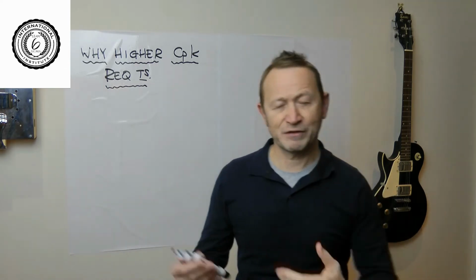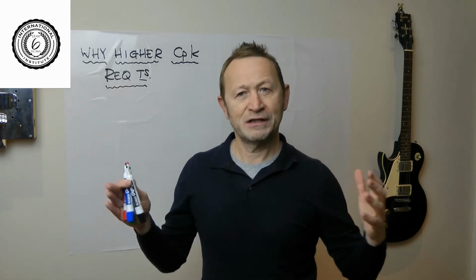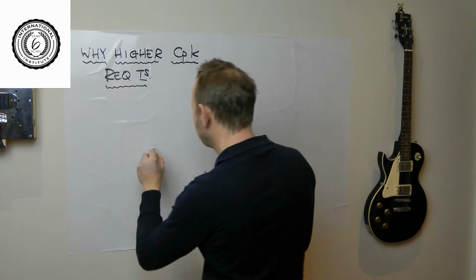Why do people ask for above 1.33? Why don't they stop at 1.33? Well, this goes to the heart of the normal distribution and the ability of your statistical tools to see movement in your processes. So let's just sketch the normal distribution.